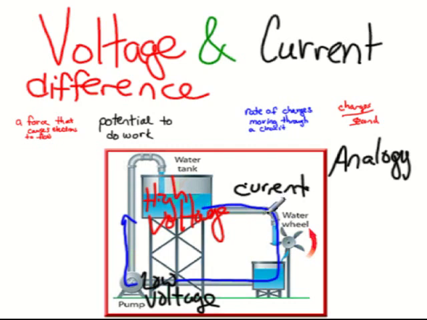Maybe there's a valve that we can close off that either turns off all of the water or makes it go really, really slow. And in our circuits that we build, that is resistance. Anything that would slow the flow of electrons is considered a resistor. In our circuits, our electronic devices are resistance that provides some type of slowing mechanism for the electrons moving through the circuit.